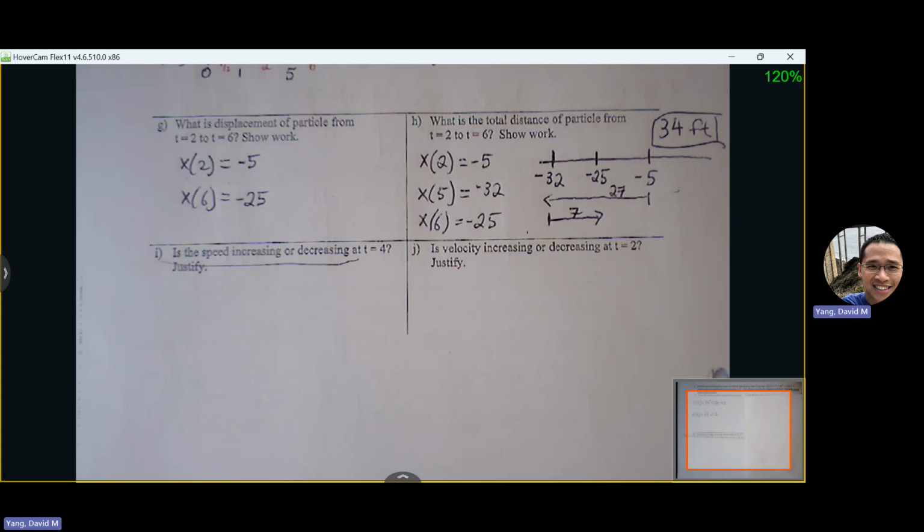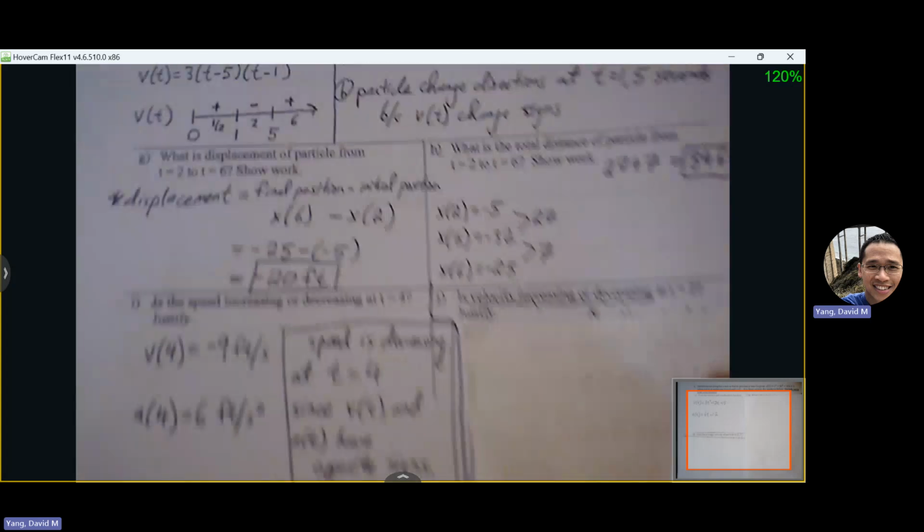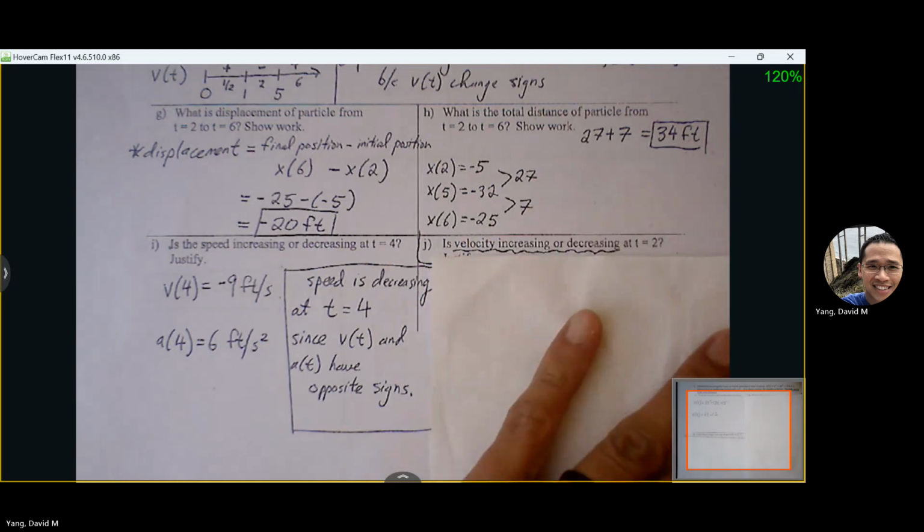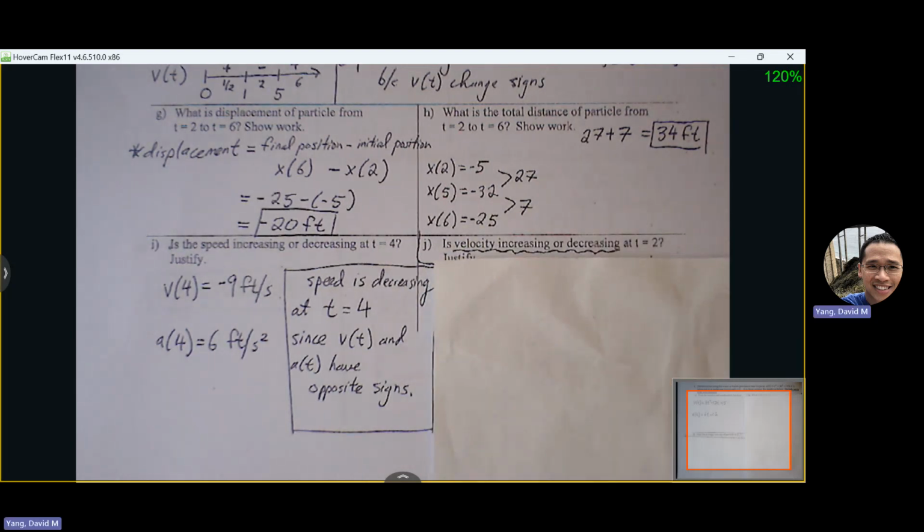If one is positive and the other is negative, then speed is decreasing. And because velocity is negative and acceleration is positive, speed is decreasing since velocity and acceleration have opposite signs.